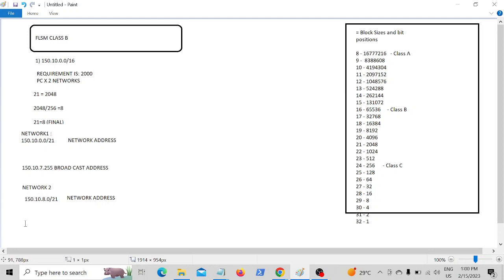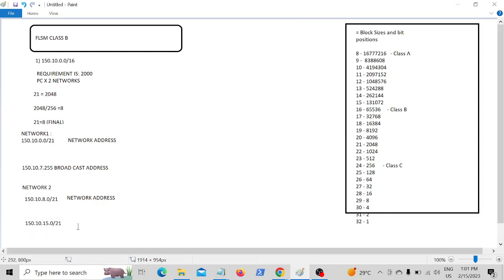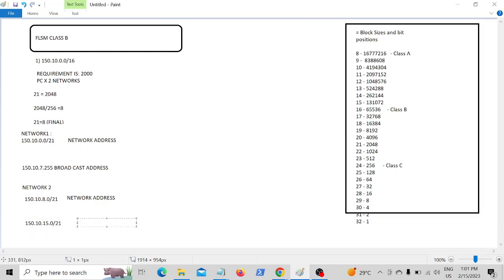Again, 150.10.15.0 slash 21. This will be the broadcast address.